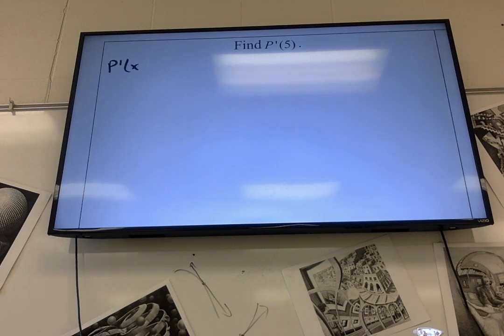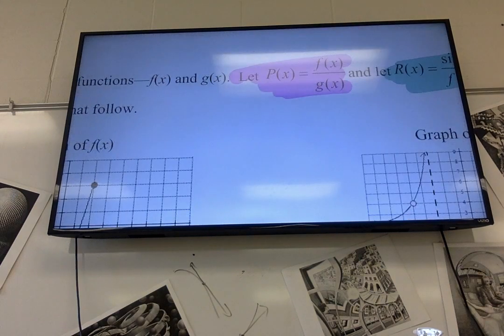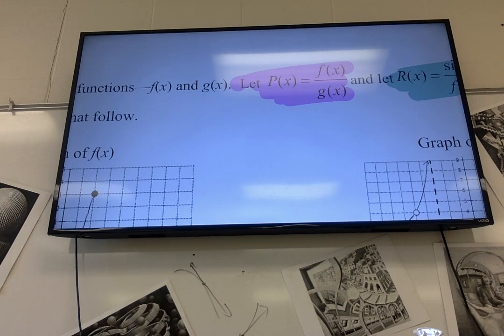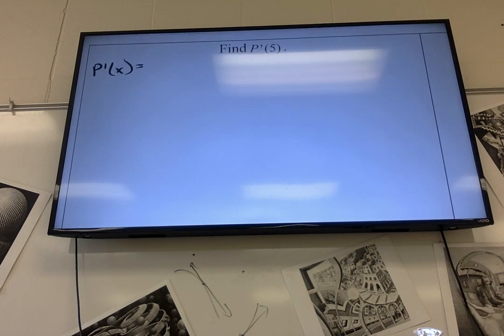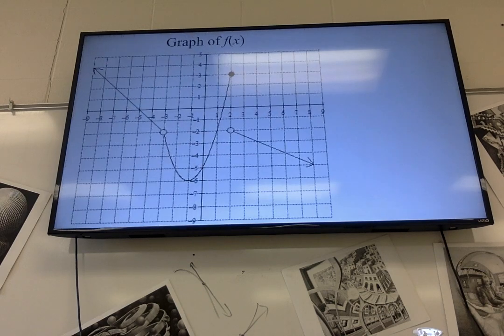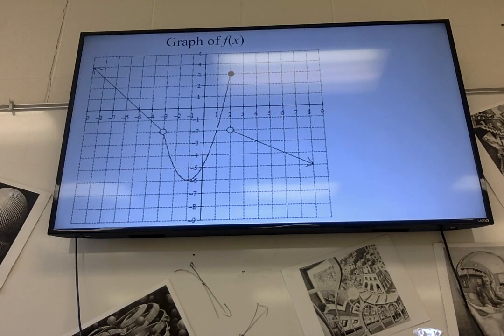So it would make sense to do p prime of x first. And then there's the definition for p prime of x. It's just f of x over g of x. Well, what is that? That's just low d high. We will put equations, but we'll just use this graph.